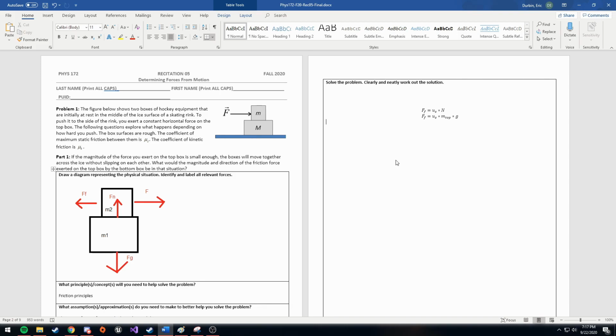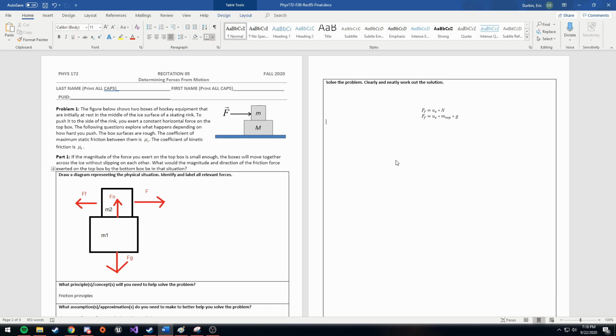We know this net force is 0 because they're moving together. They're stuck together, so the net force has to be 0. It's a constant force and nothing else is moving.